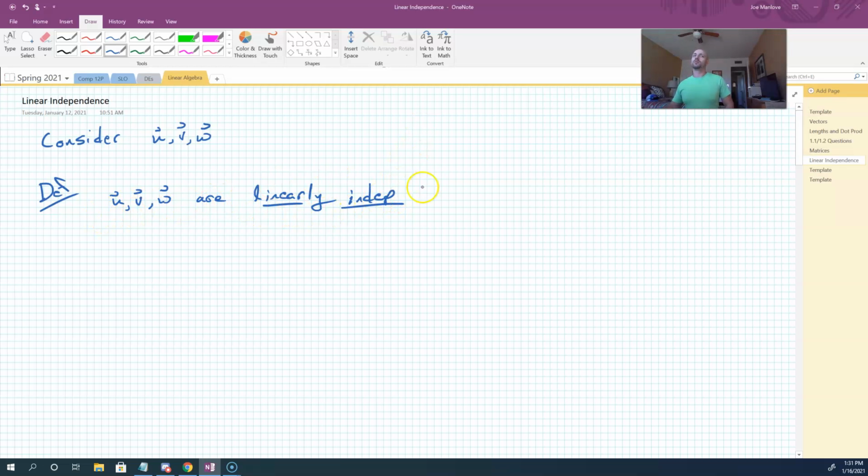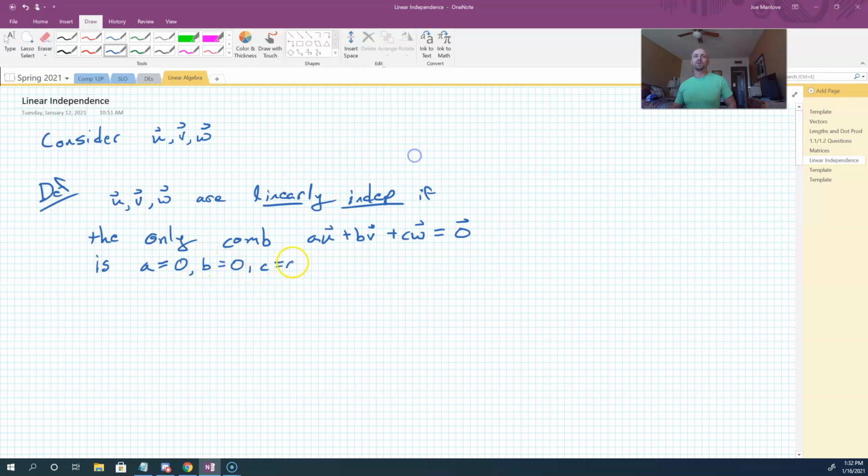All right, so u, v, and w are linearly independent if the only combination au plus bv plus cw equal to the zero vector is a equals 0, b equals 0, and c equals 0.